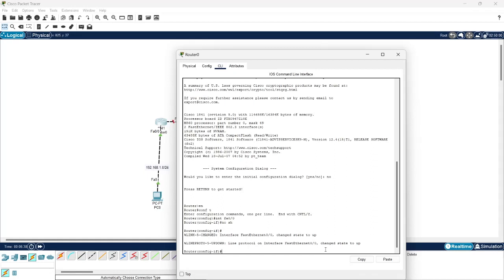And after that, we're gonna add the IP address. So you can type ip address 192.168.1.1 with the subnet mask 24 or prefix 24.